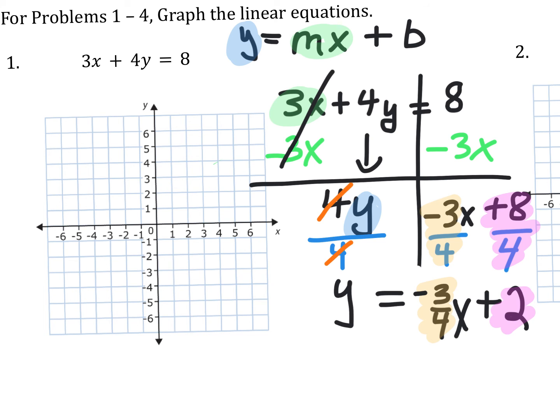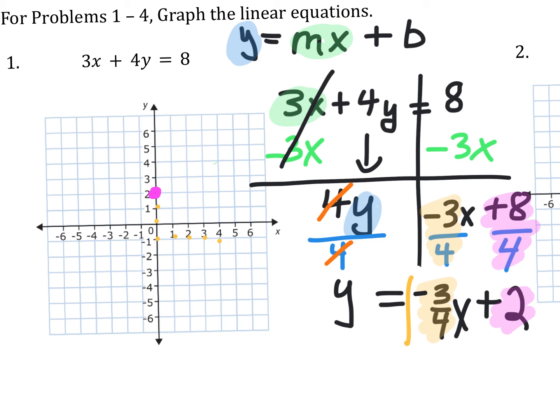So now that I have that equation in slope-intercept form, I'm going to start with the b, my beginning point, my y-intercept. So my first coordinate is going to go right there at positive 2. And then because I've got a slope of negative 3/4, what makes the most sense to me is to go from that beginning point to go down 3 and then over to the right 4.